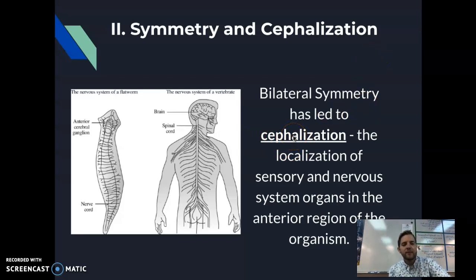And so cephalization is basically saying that the organism is centralizing one of its organ systems, and it's usually the sensory and nervous system. So the sensory and nervous system is organized into one particular location on the anterior end of an organism. So it's important that when we talk about cephalization, we're referring to the production or the creation of some sort of head-like structure on the anterior location of the organism, the kind of either front end as it's moving forward, or for us, our top end.